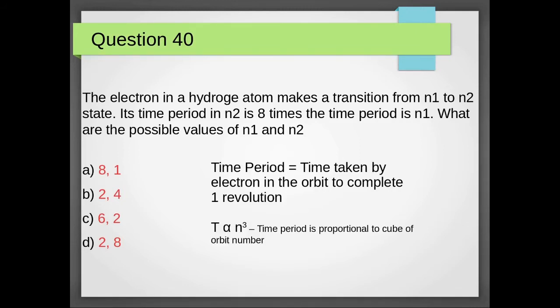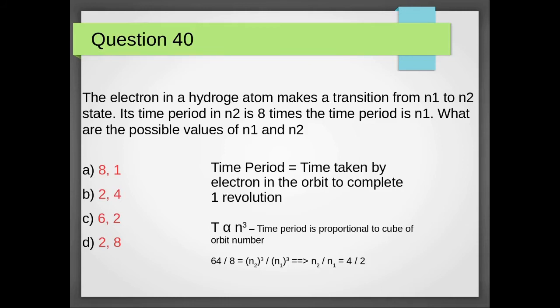Now we know that the time period of any orbit is directly proportional to the cube of the orbit number. I take 64 by 8 because the time period of orbit 2 is 8 times the time period of orbit 1.